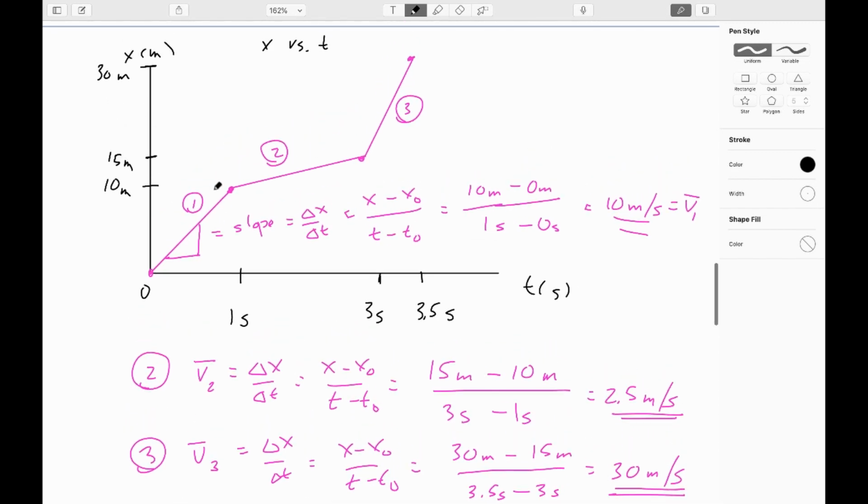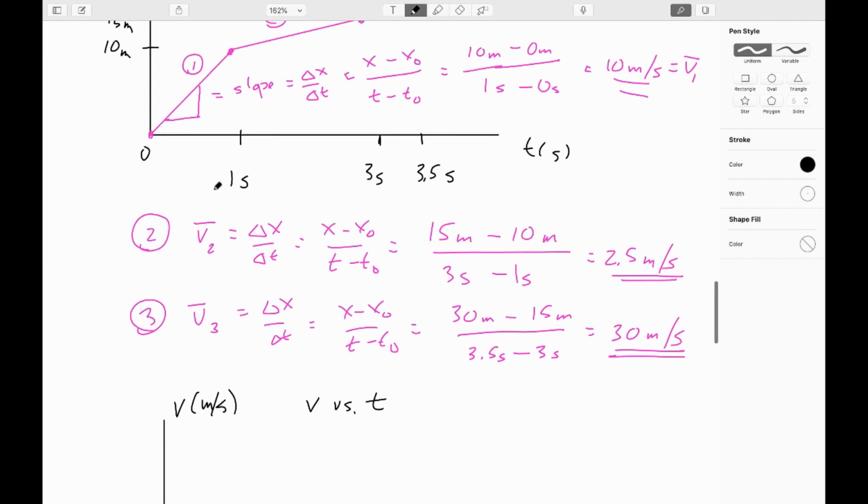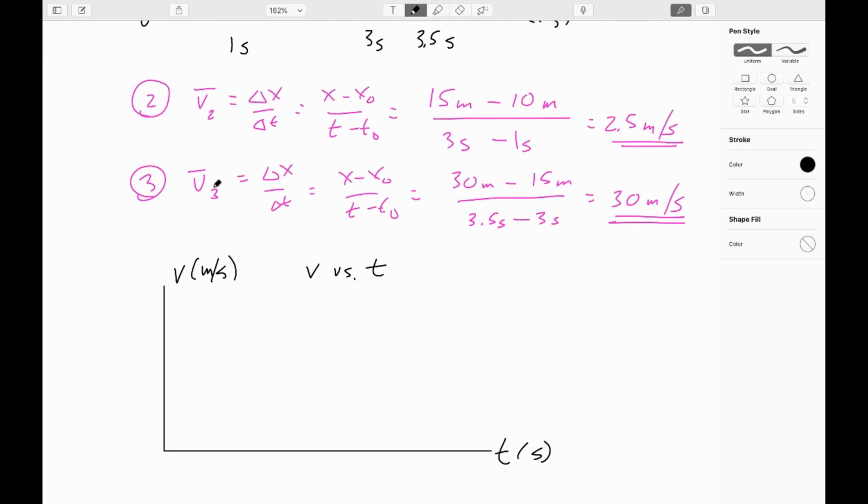Okay, so in the first interval, that's from 0 to 1 seconds. That was at 10 meters per second. Okay, let me just put in some values here again. So from t equals 0 to t equals 1, we're going at 10 meters per second. Then, let's say 2, 3 seconds, and we'll say 4 seconds.